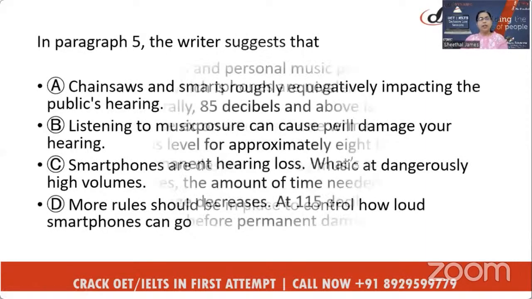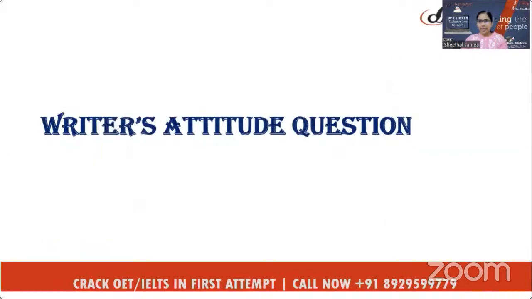Now, let us move on to the last type of questions you can come across in paragraph in part C, that is the writer's attitude question. Here you should be a bit more careful, because until now, with main idea, vocabulary, reference, and opinion questions, if you read the paragraph, you can get it in black and white.